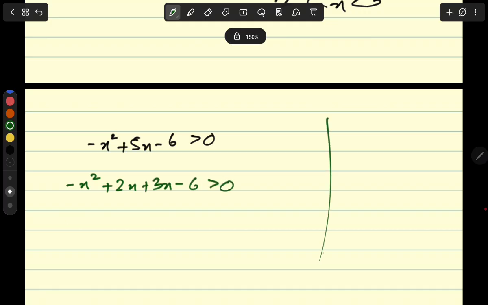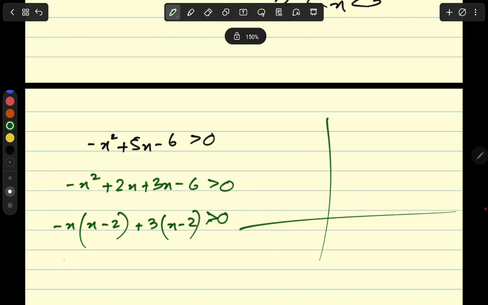So first of all, I know that this is going to be a maximum type curve, first thing. So the roots are going to be minus x, and this is going to be x minus 2, and this is going to be plus 3, and this is going to be x minus 2 is greater than 0. So this is 3 minus x, and x minus 2 is greater than 0. So one root is 3, one root is 2, again 3 and 2.